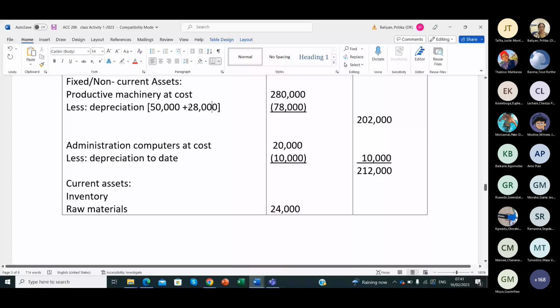So the total depreciated value is 50,000 from the previous year and 28 this year as total 78,000. That's how you calculate, get this figure 78,000. Now you subtract the total depreciated value from the cost. So end of this year, the productive machinery's value will remain 202,000.